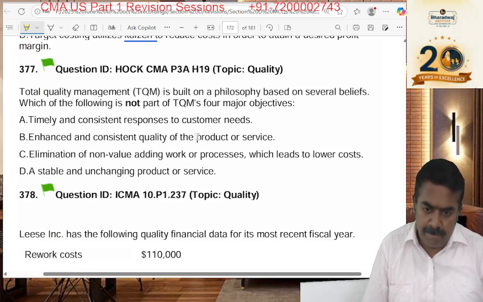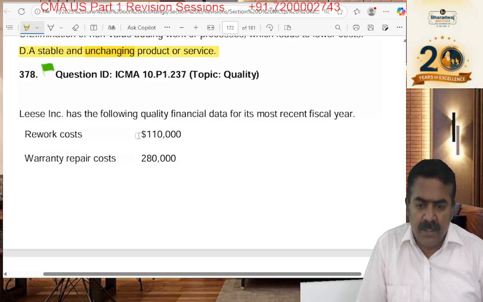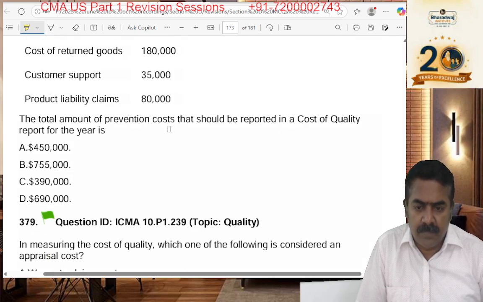377. Not part of it. To change. Rework cost, warranty repair cost. Question is cost of quality.